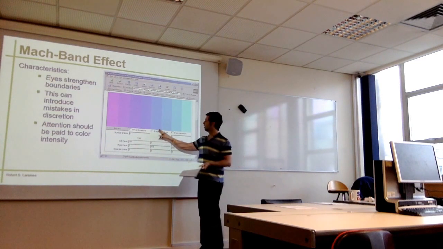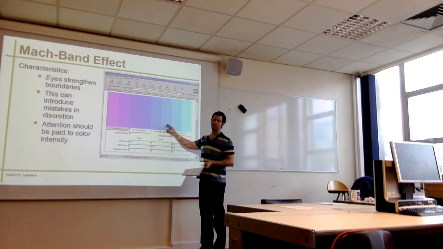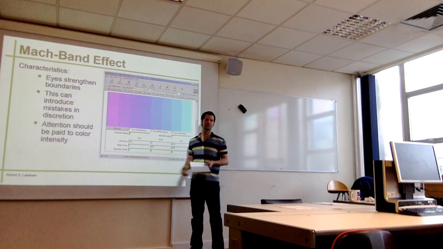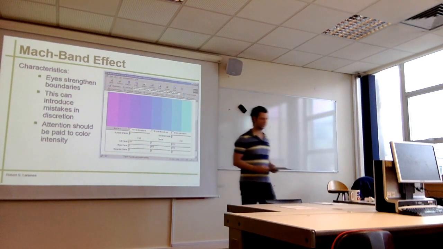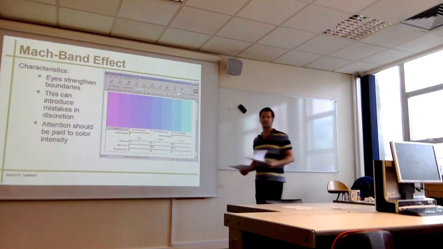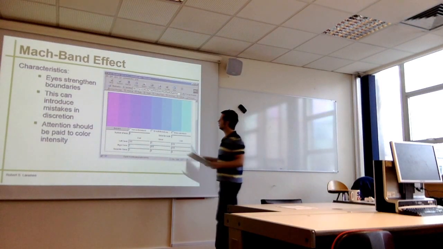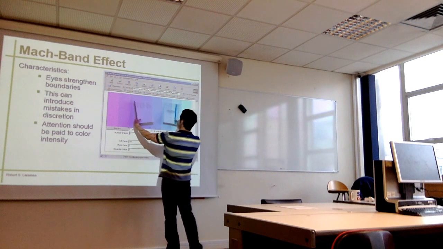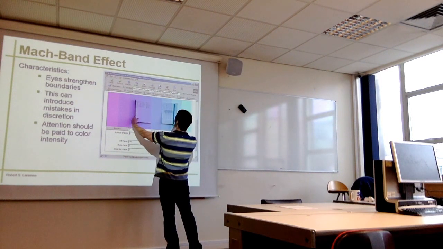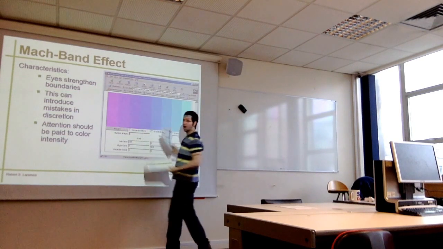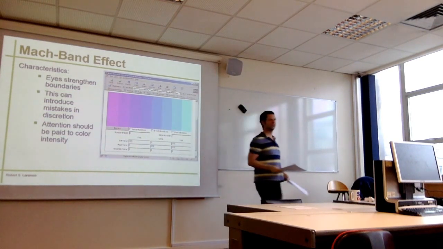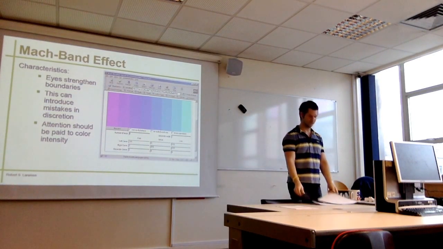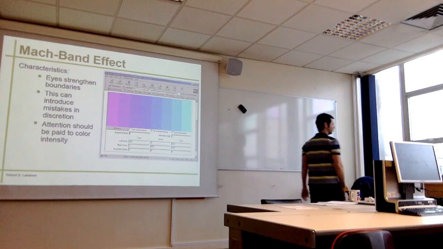The reason this side looks darker is because it's bounded by a brighter color here and a darker color here. It's actually an illusion. You can see the illusion if you print it out and then cover up the neighbors. If I just cover up the neighbors like this, then you can see, oh wow, it does look more constant, actually. So it's a well-known illusion.